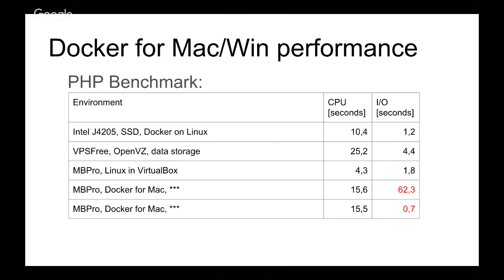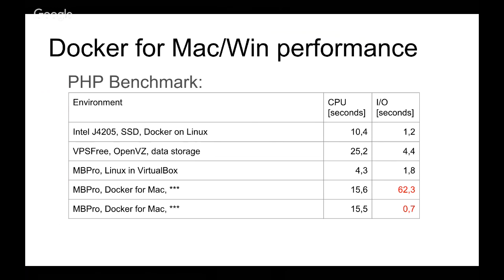Later, I found some simple PHP benchmark, and it had two main sections. One was about CPU and calculations, and the second was about file system. And we found that there is almost no problem with CPU on Mac, but there was a really huge problem with I/O.